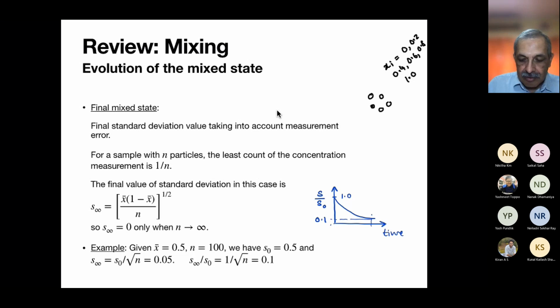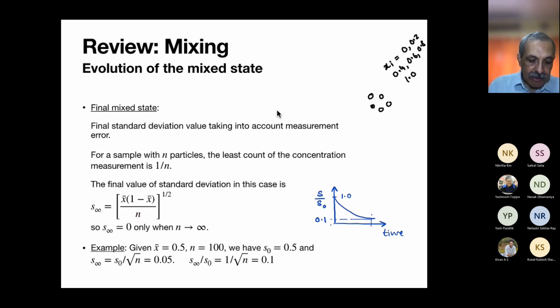So because of that, in your measurements, you'll never be able to say that S is equal to 0. S will always be something different from 0. And what we said is that the final value of the standard deviation when you have a least count of 1 by n is just given by this formula.